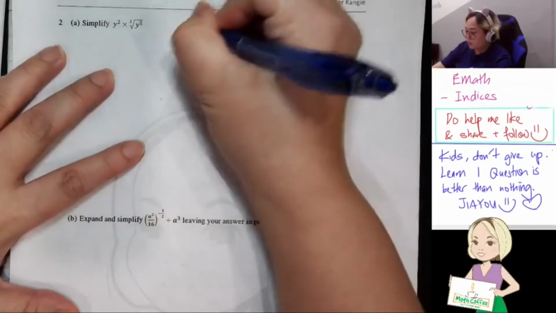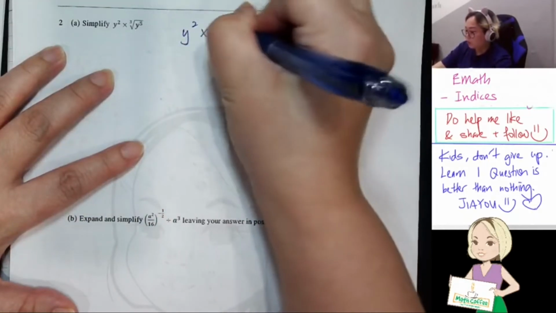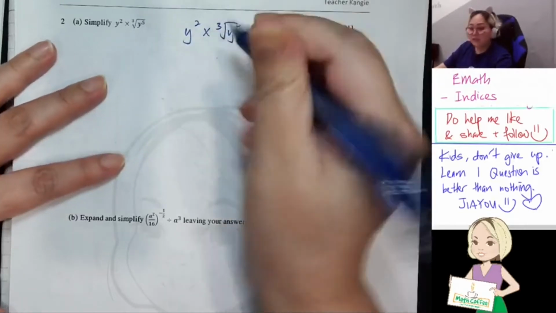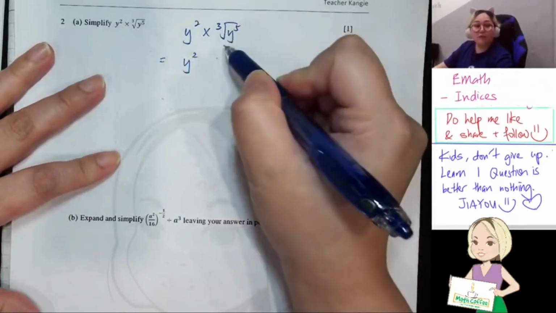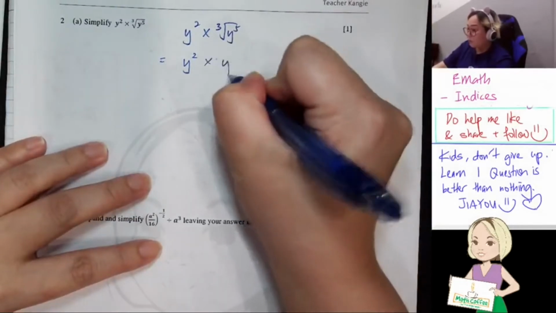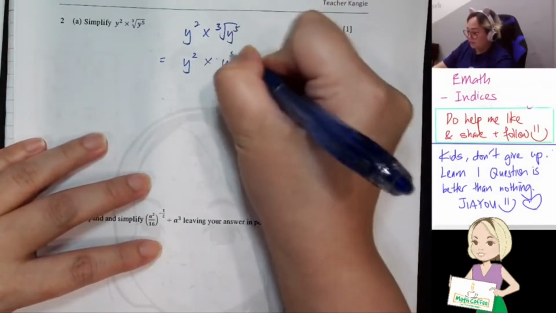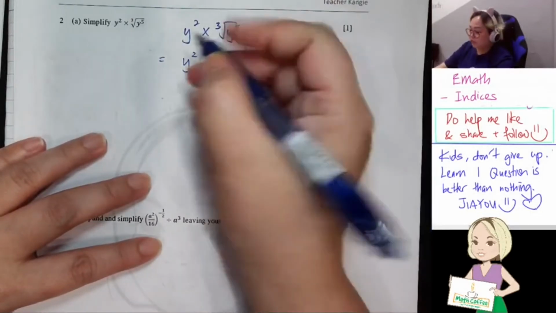So this one I'm going to write bigger. It's y squared multiplied by cube root of y to the 5. So this is easy. This is y squared. Remember, just now I already taught you cube root is to the power of 1/3. So this one becomes y to the 5 to the power of 1/3, and 5 times 1/3 is just 5 over 3.